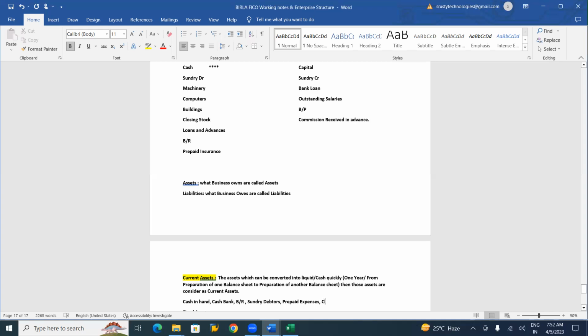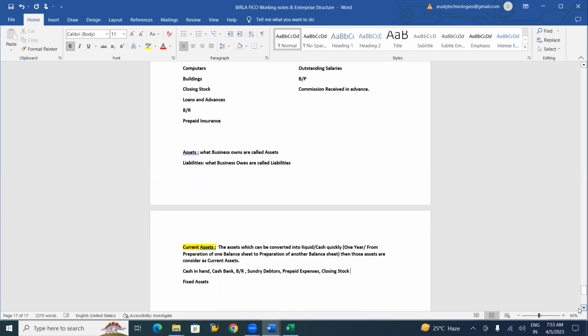Next one, closing stock. Because whatever stock is left over from last year, we are going to sell this year and we can convert into cash this year. Correct? 1 year time we will have. So that's the reason these are examples of current assets. Clear? These are cash in hand, cash at bank, bills receivable, sundry debtors, prepaid expenses, and many more are there, but I have taken a few examples. Closing stock. And at the same time, fixed assets.